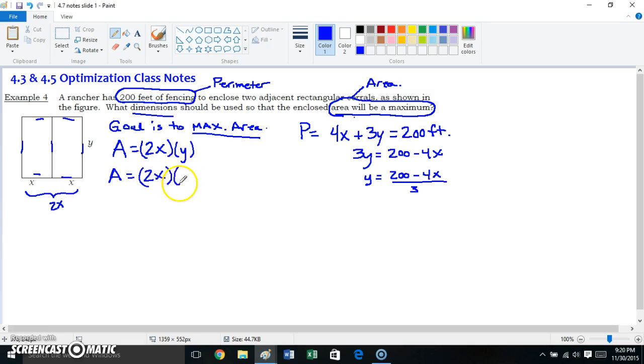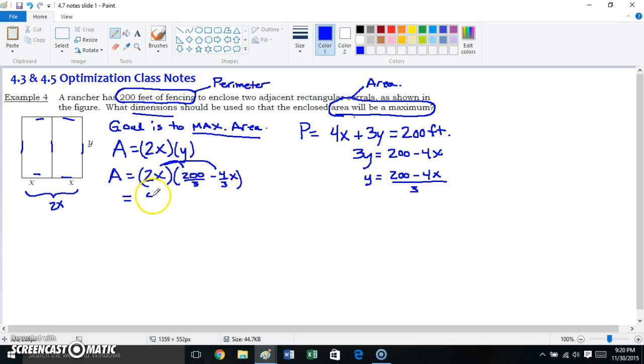So my area formula therefore is 2x times 200 over 3 minus 4 over 3x. I could use the product rule, or I could just multiply this out, and that might be easier in this case.